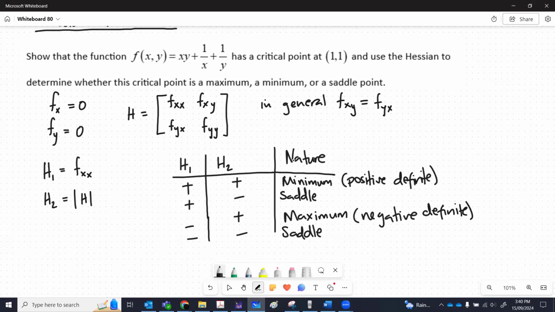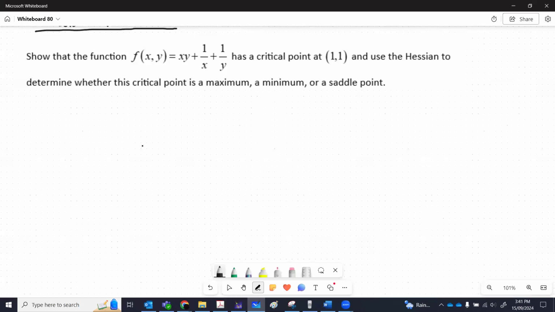Okay, so now that we know how to classify our critical points, let's answer this question. Okay, so we said in order to find our critical points, what we need to do is find our first order partial derivatives. So work out fx. And remember, when we are differentiating with respect to x, it means that y is a constant.